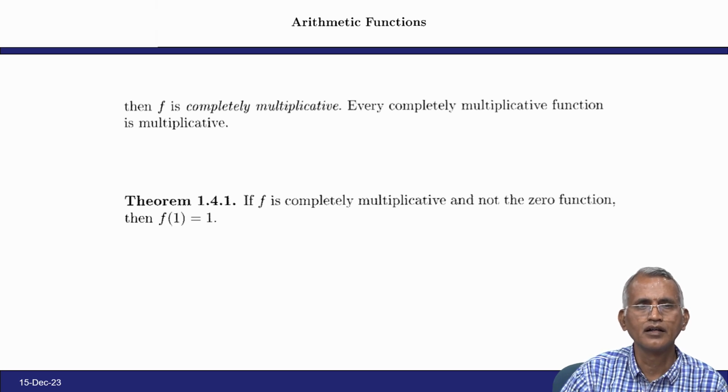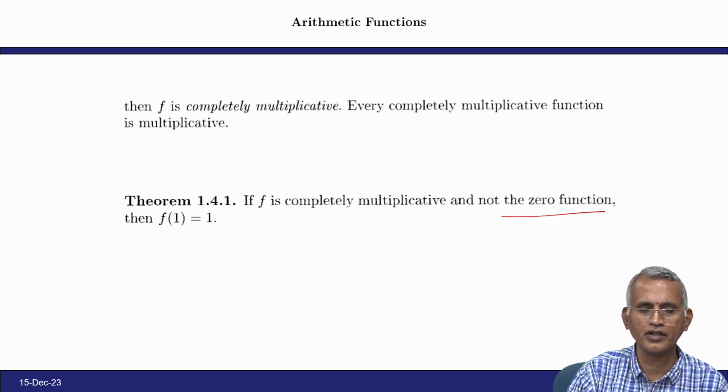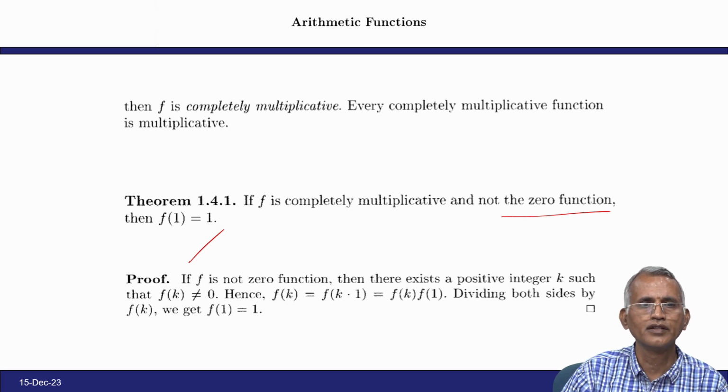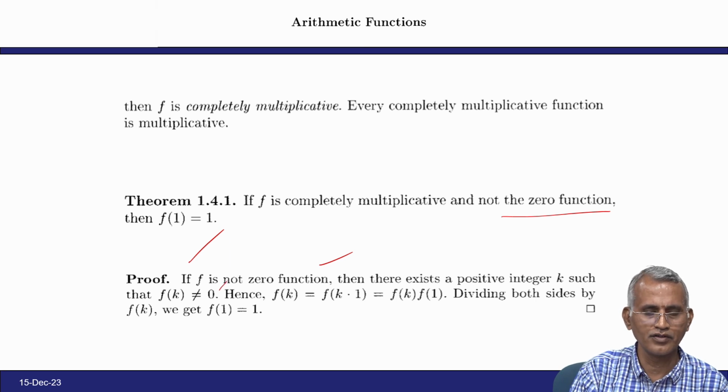If f is completely multiplicative and it is not a zero function, then f of 1 equal to 1. And the proof is: if f is not a zero function, then there exists a positive integer k such that f of k not equal to 0. Hence f of k equal to f of k into 1, which is equal to f of k into f of 1.